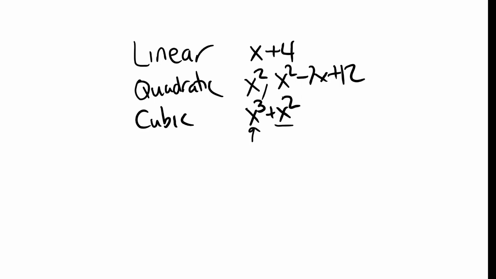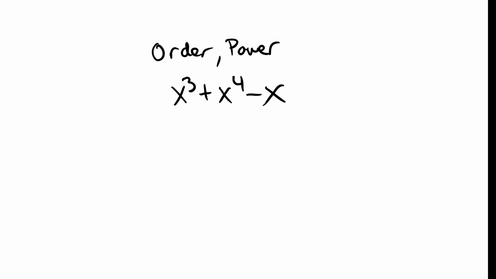Our last definitions are the order or power of a function. If it asks for the order or power of something and they give you something like x cubed plus x to the 4th minus x, all you do is you look for the biggest power in the problem. And the biggest power in this problem is x to the 4th.